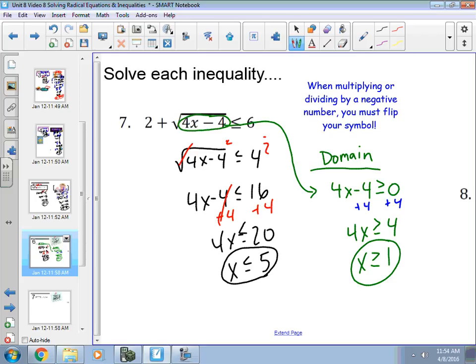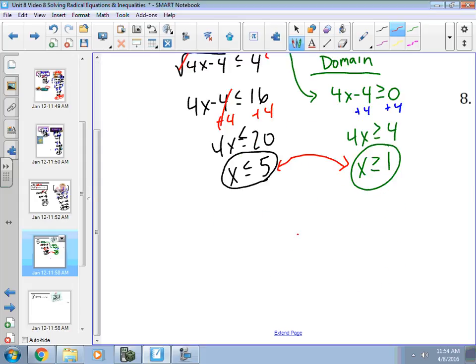So now what we want to do in this case is link these two answers together into one solution and write a compound inequality. So for our answer, we can put x in the middle. We know it has to stay less than or equal to 5, but we also want it greater than or equal to 1.